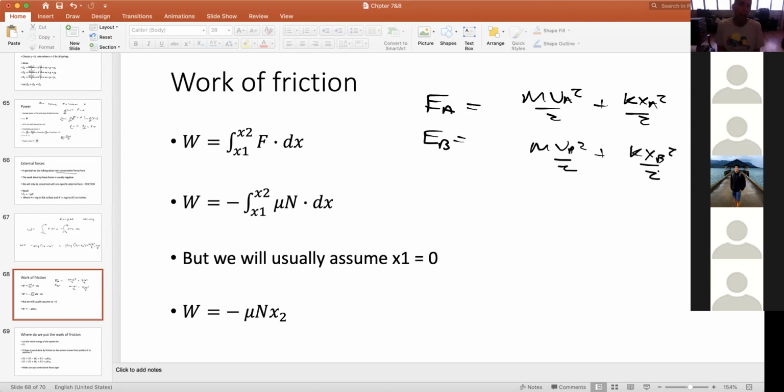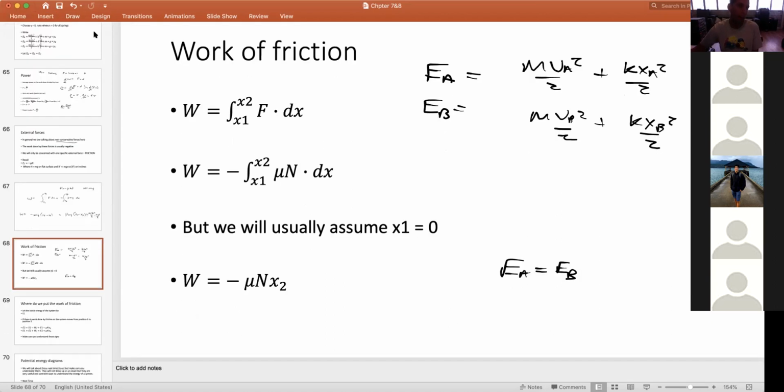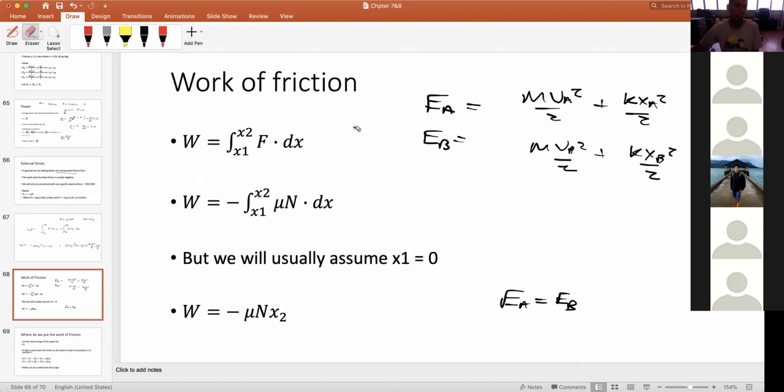And now let's say there's friction. Where do we put the friction? And this is where things get messed up, because we normally say EA is equal to EB. I'm going to actually change this and call this E initial and E final. And you'll see why in a second, because it's actually better to do it that way.